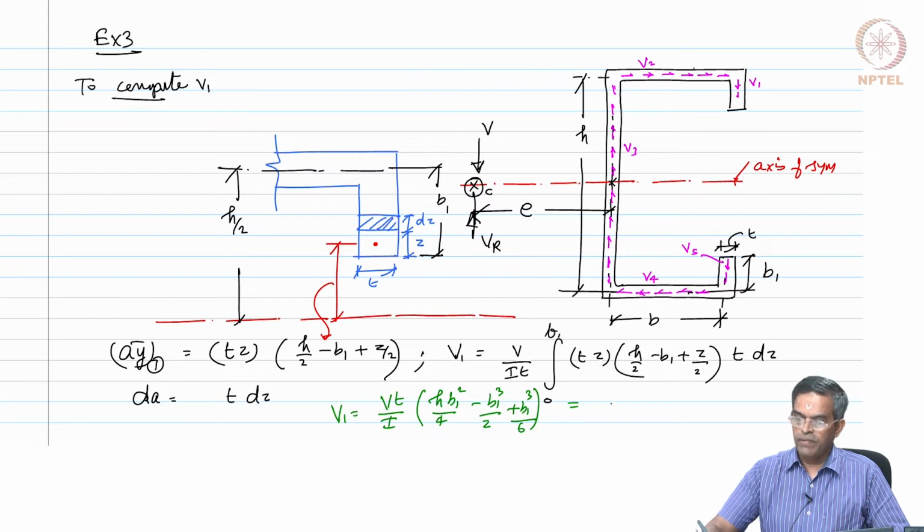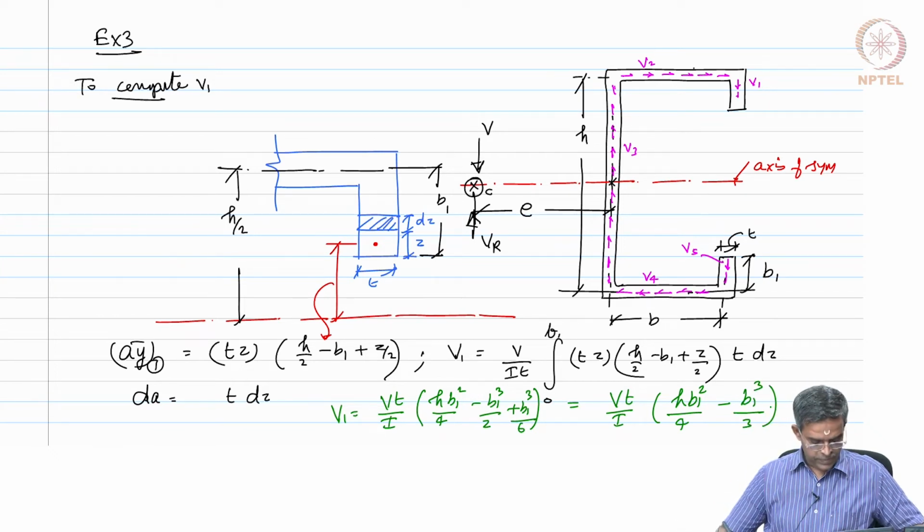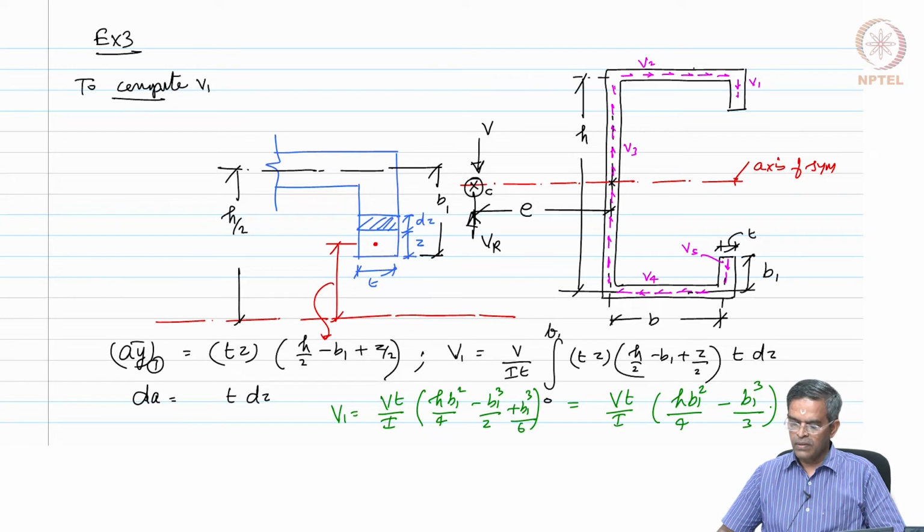Simplifying, we get V t by I, h B1 square by 4 minus B1 cube by 3. That is my V1.